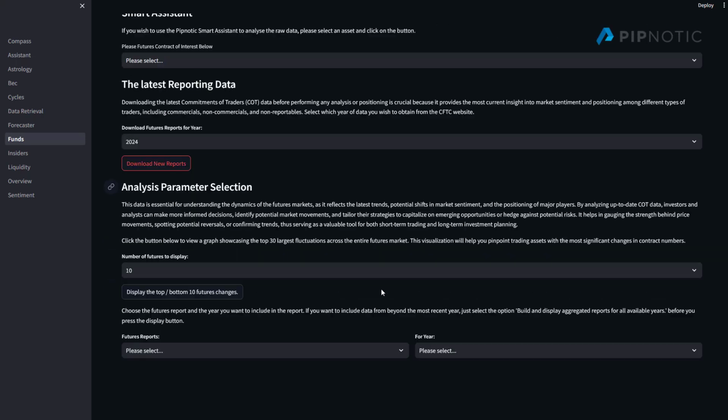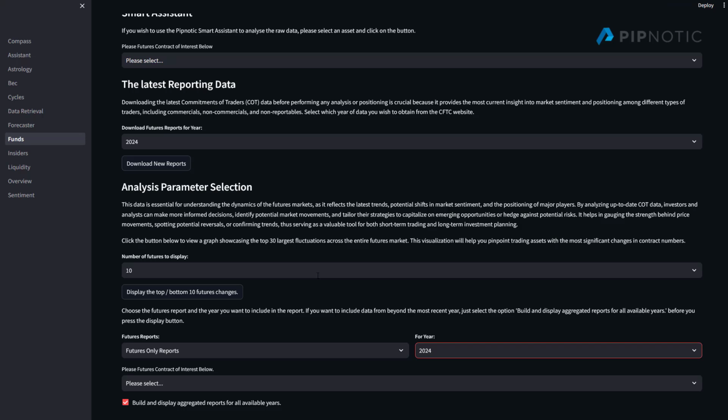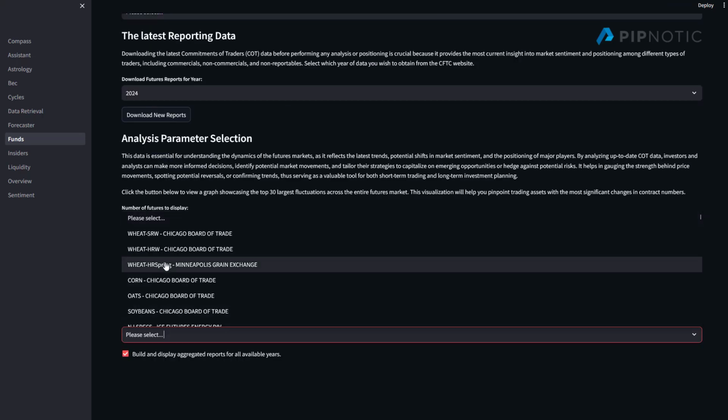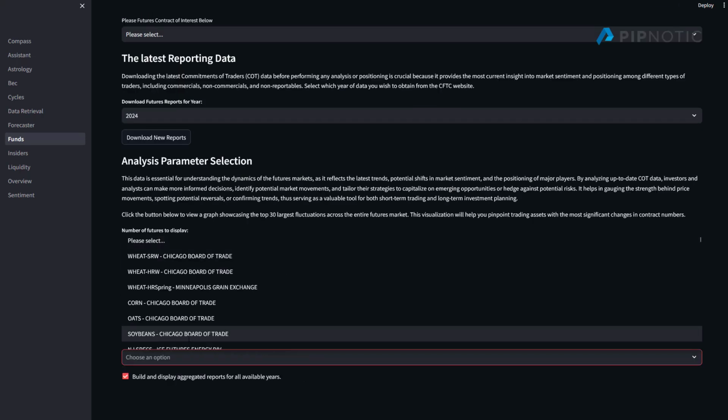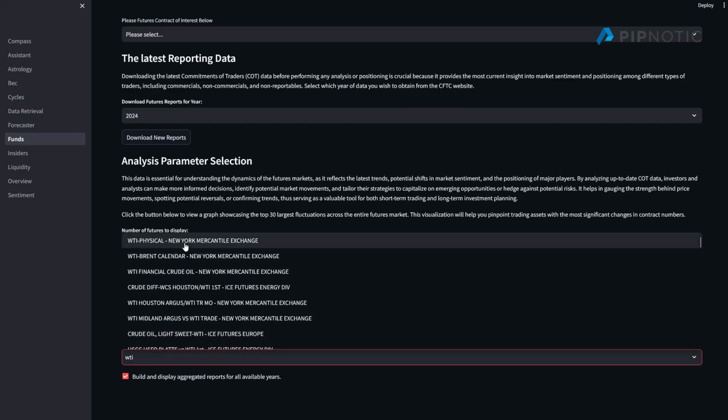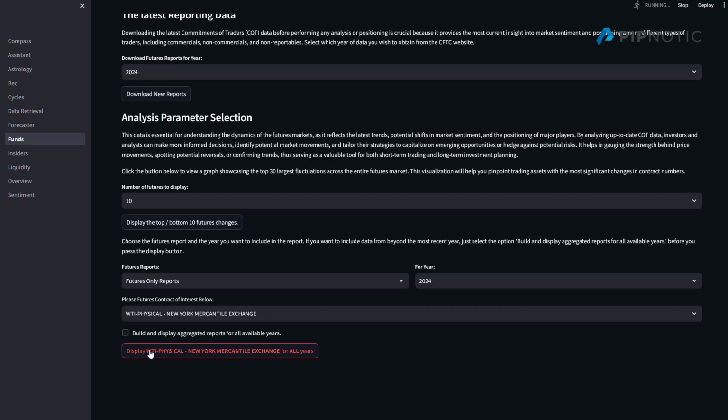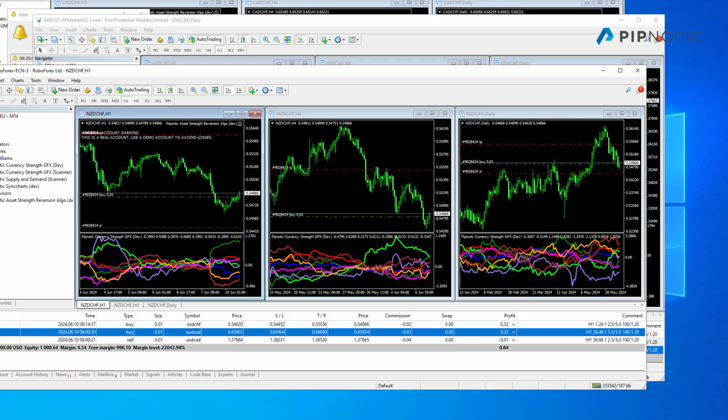Just to explain what it does: when I select the type of contract, the year, and the actual contract itself, let's go to oil, West Texas physical, right there, and we click on this button. What happens when I click on this button is a lot happens. But one of the things that happens is that all the data that is available, let me turn off this VPS because it's making a lot of noise.